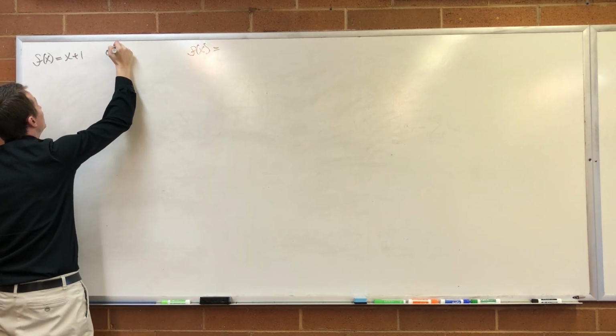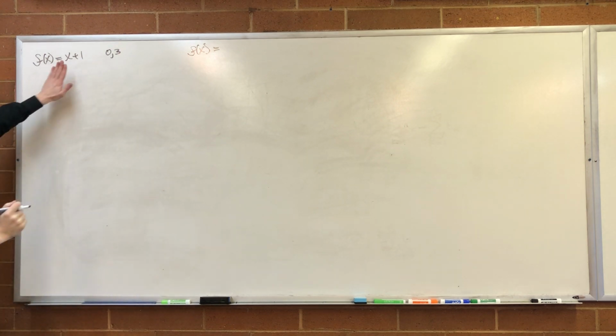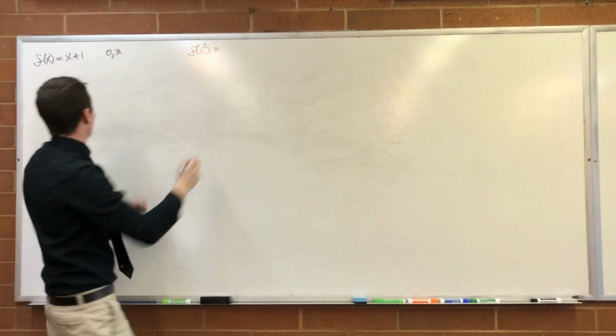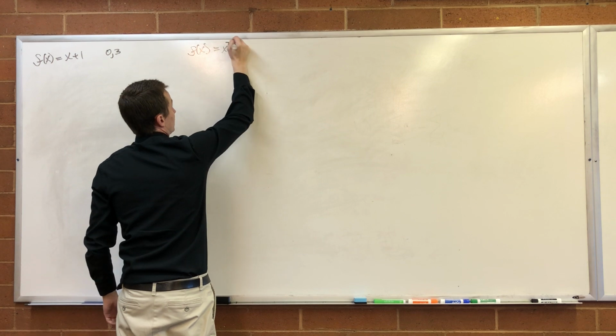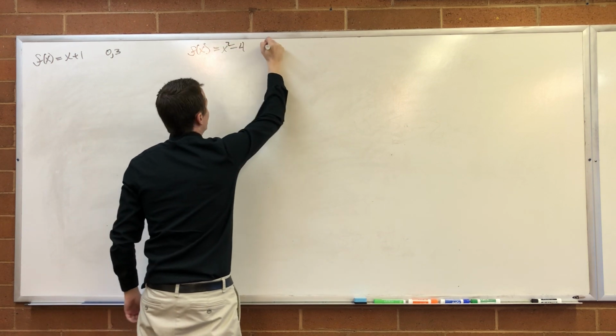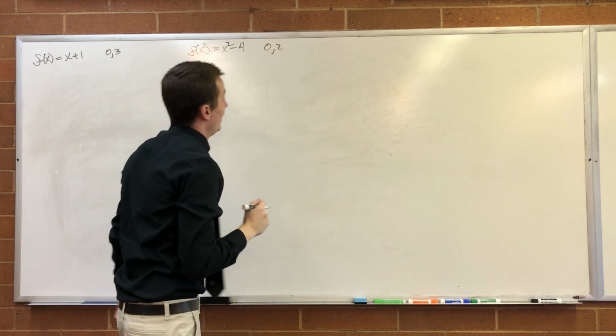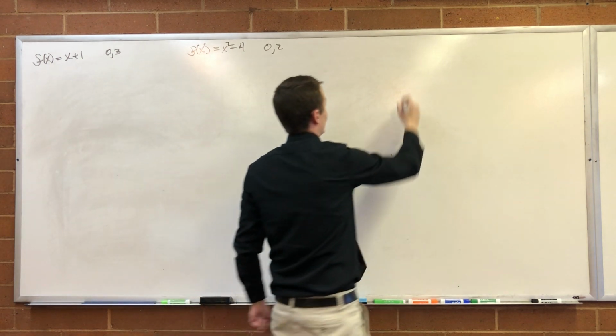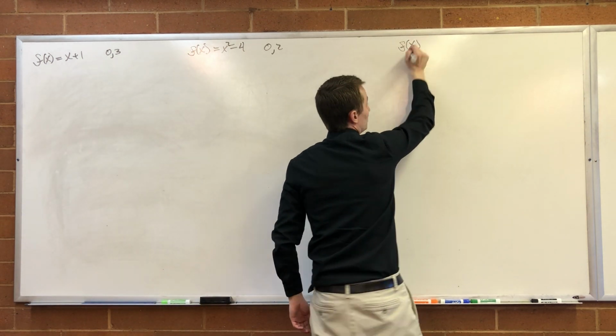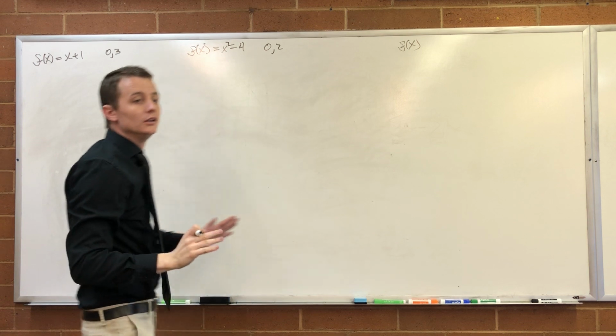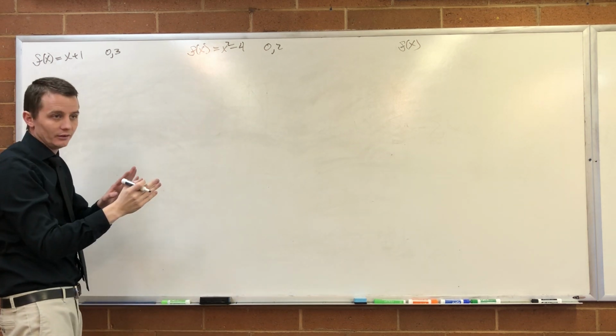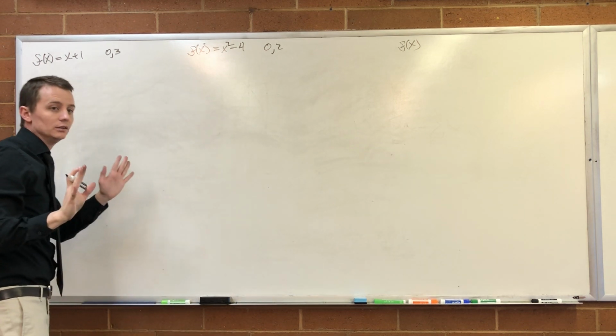I'm going to find the area under this curve between 0 and 3. I'm going to find the area of this curve, we'll stick with x squared minus 4, that's a good one, between 0 and 2. And then I'll do it in some generic case, f of x. I'm trying to help you understand the generic formula. So we're going to do two concrete examples and then the generic formula, and hopefully the generic formula sticks.